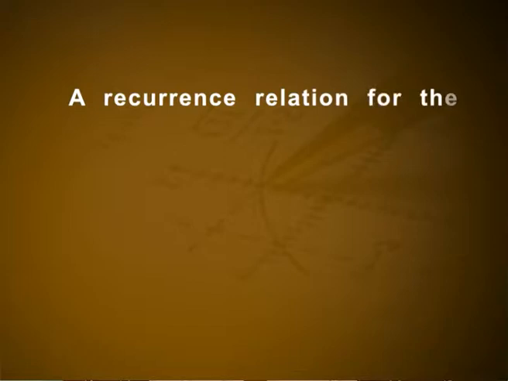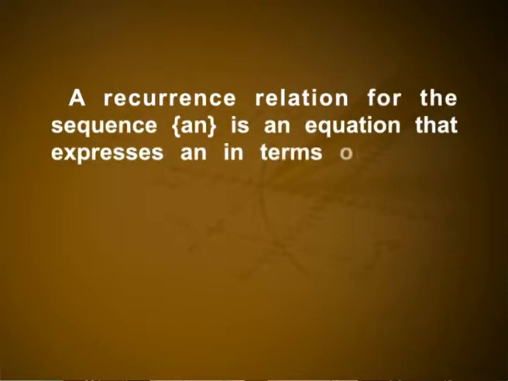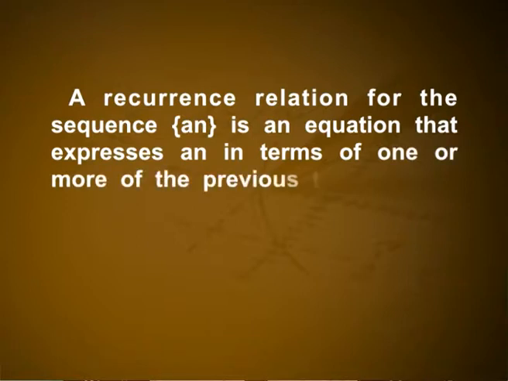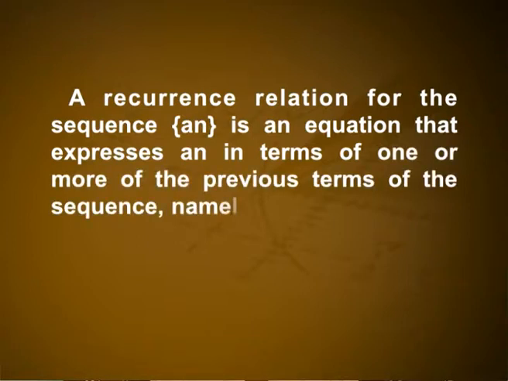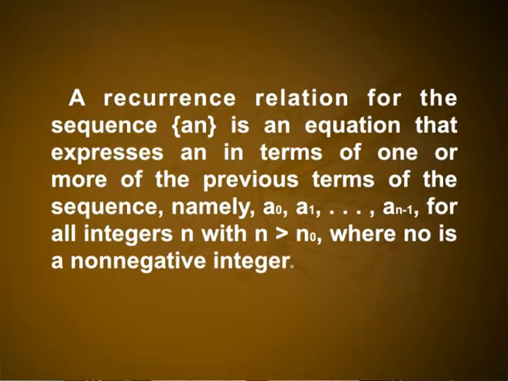Definition 2. A recurrence relation for the sequence a_n is an equation that expresses a_n in terms of one or more of the previous terms of the sequence, namely a_0, a_1, etc., a_{n-1}, for all integers n with n > n_0, where n_0 is a non-negative integer. Definition 3.